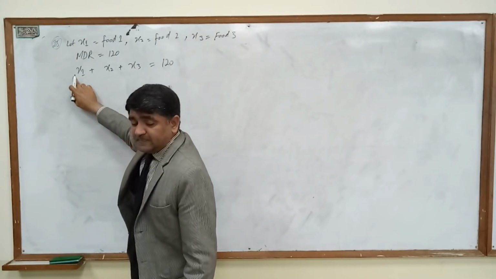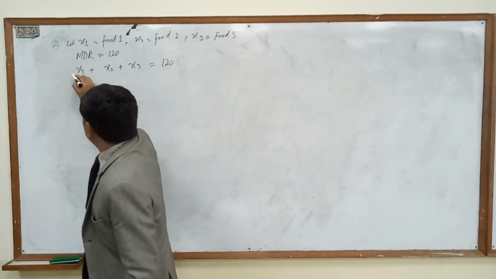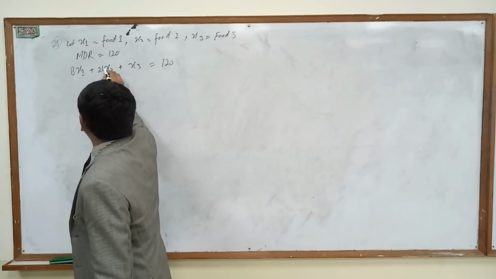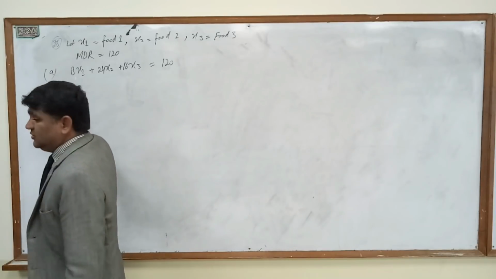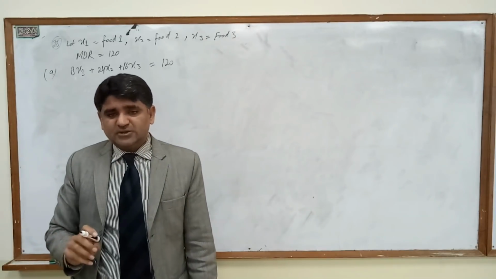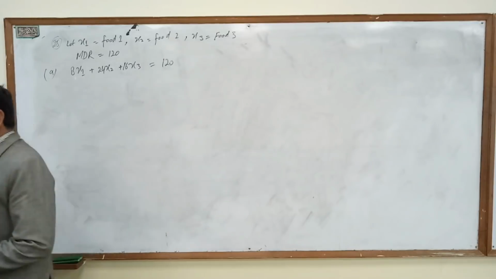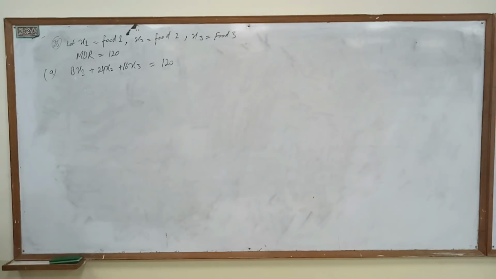The coefficient of x1 is 8 milligrams, x2 is 24, x3 is 16. In part A, we simply have to determine the linear equation.